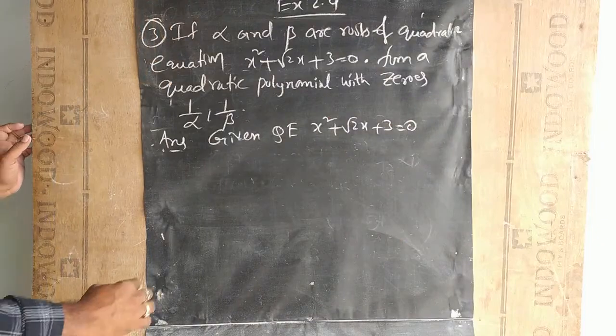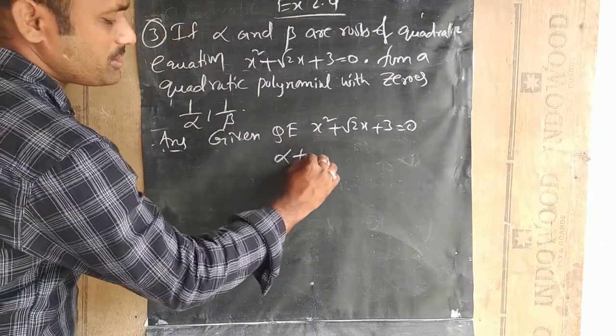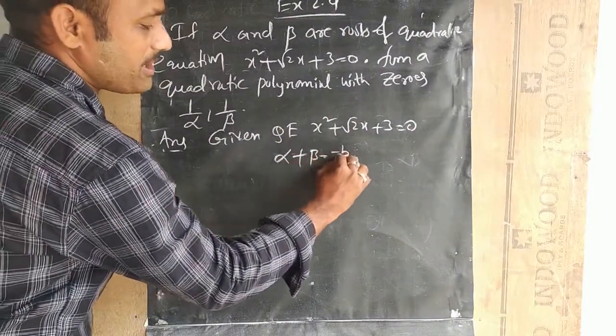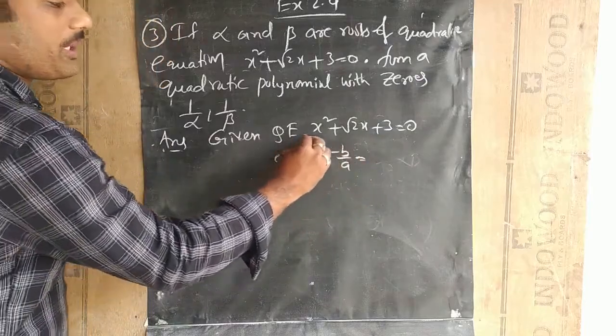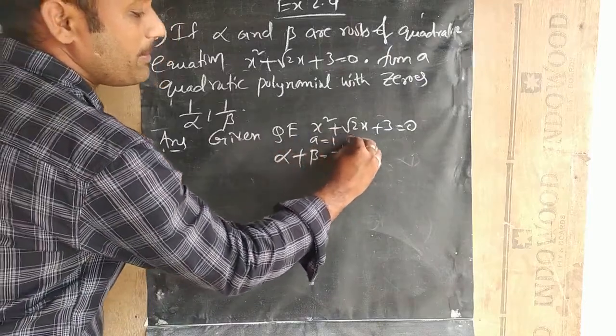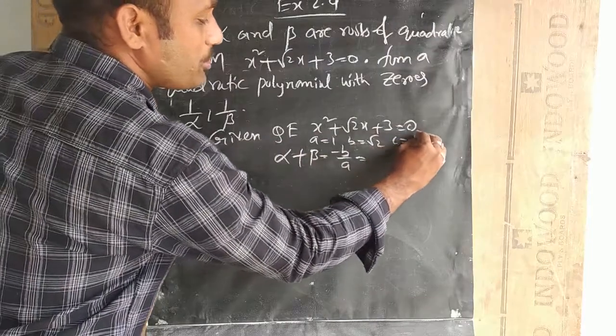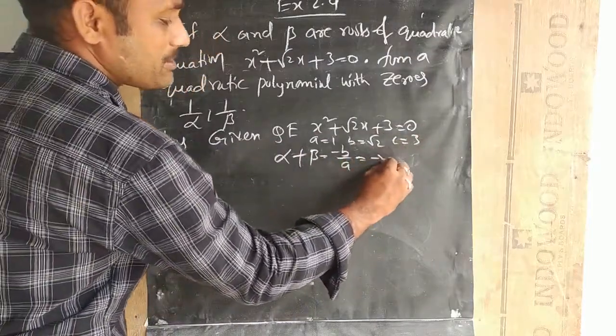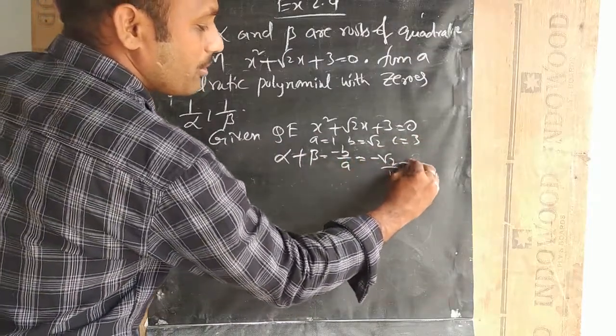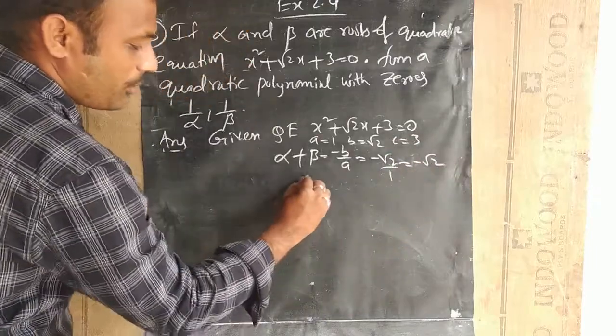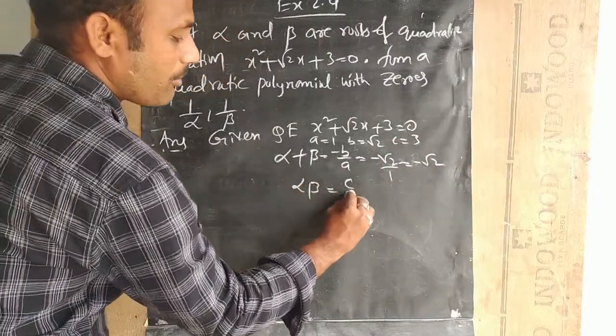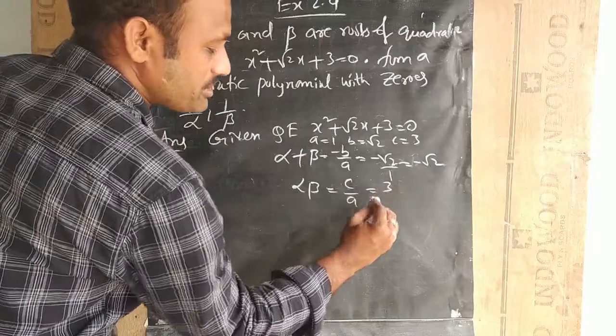Now, what will be the sum of the zeros in this? Alpha plus beta, which is minus b by a. So a value is 1 here, b value root 2, c value is 3. So minus b by a means minus root 2 by 1, which is minus root 2. Alpha into beta, formula is c by a, so 3 by 1, which is 3.